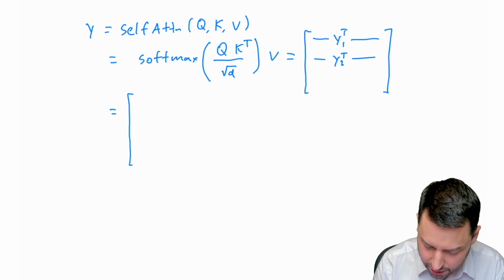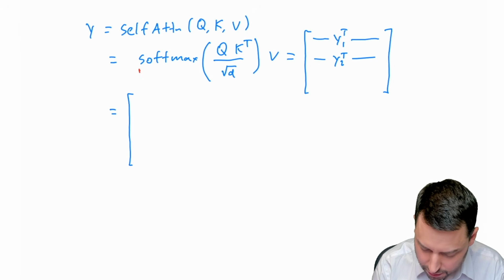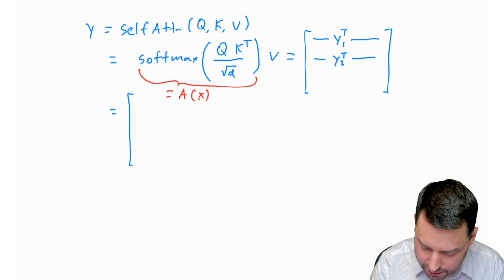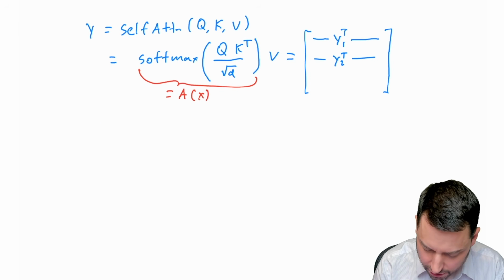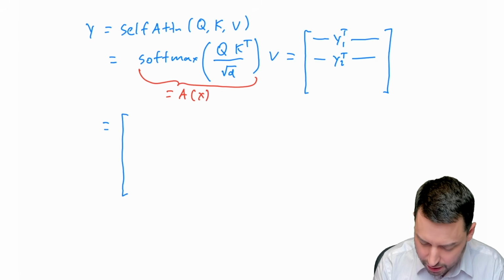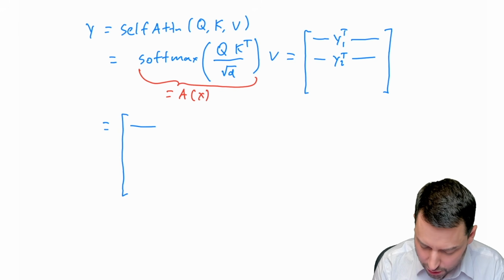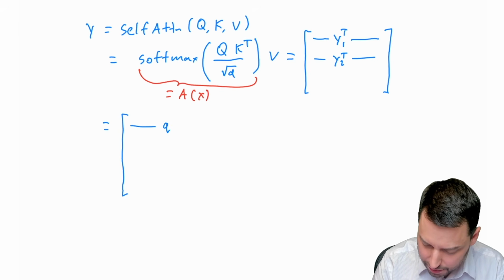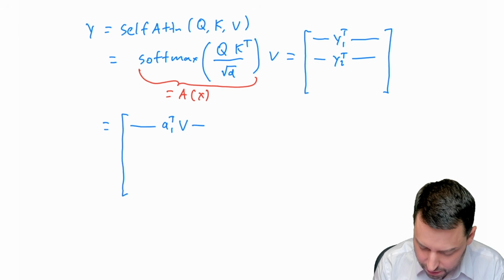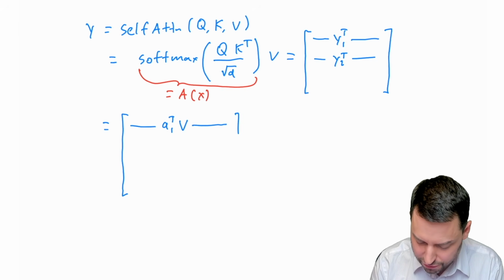This whole thing here is going to be equal to A of X. And what we said was this entire first row of this matrix Y is equal to the first element of A, so I'll call that A1 transpose, times V. All right, that's the first row of this.